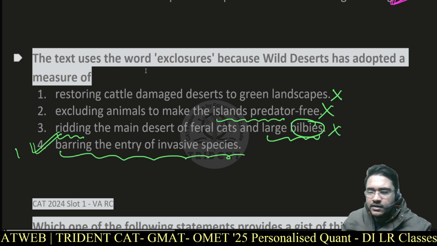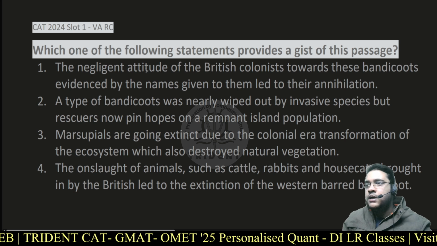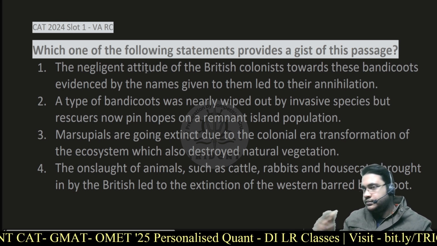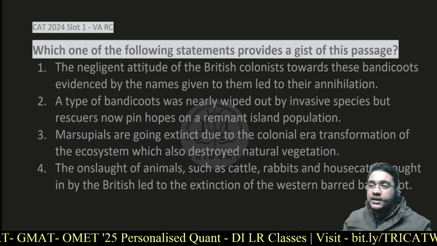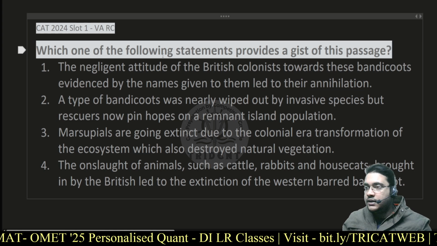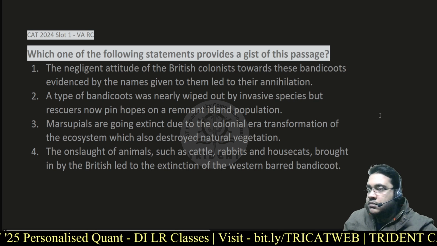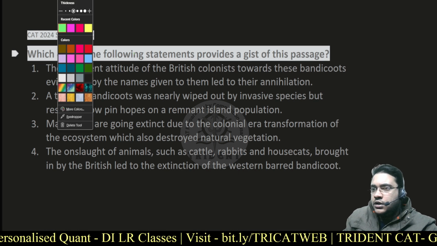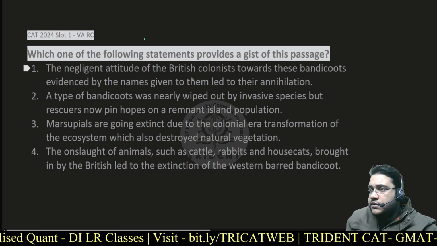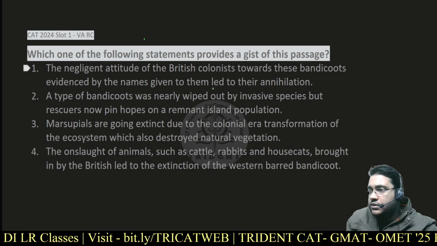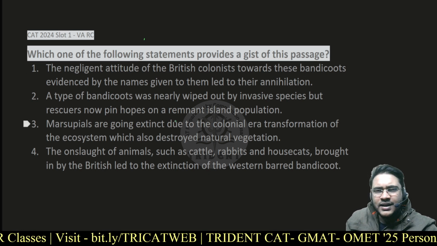This was fairly easy reading comprehension as such. Which of the following statements provides a gist of this passage? So this gist is basically everything that we can get about this passage. Let's see. The negligent attitude of the British colonists toward these bandicoots, evidenced by the name given to them, led to their annihilation.